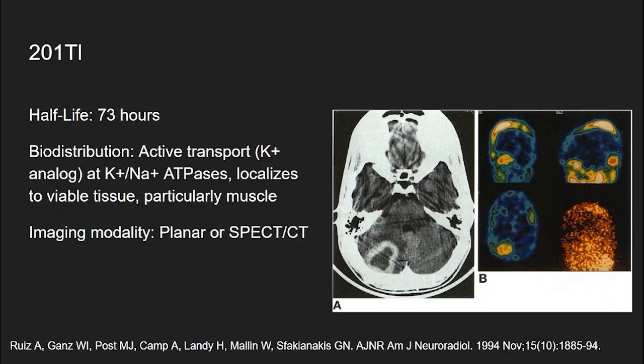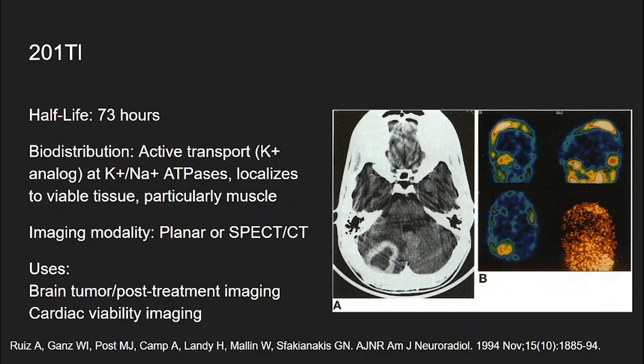Planar and SPECT imaging can be performed with this radiotracer. And its common uses are in cardiac viability imaging, but it can also be used in brain tumor and post-treatment imaging.